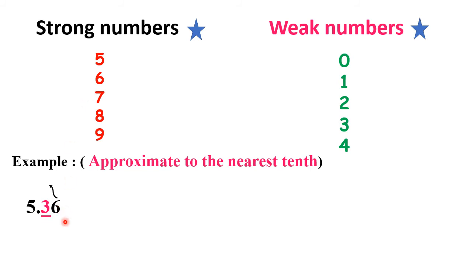Give me 1 because it is a strong number. So 6, give me 1. So the approximation is 5.4. But 6, I add plus 1 because it is a strong number. So I won't look at it again. Okay, so the approximation is 5.4.